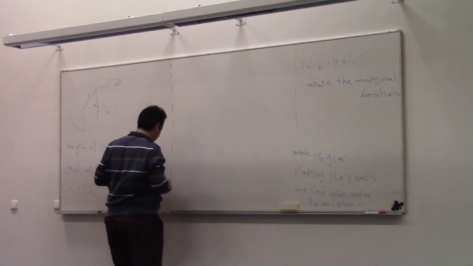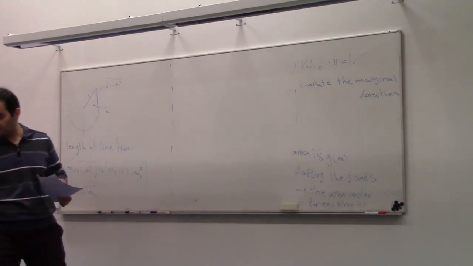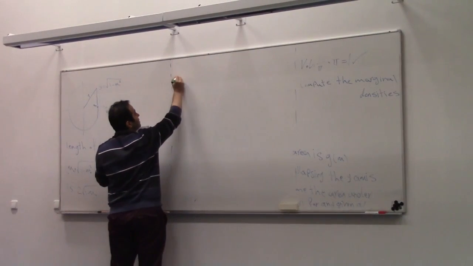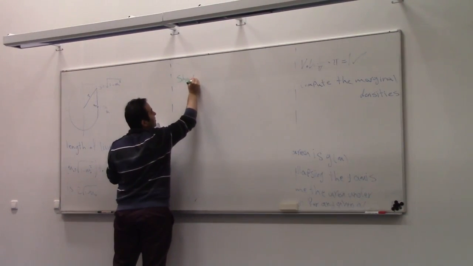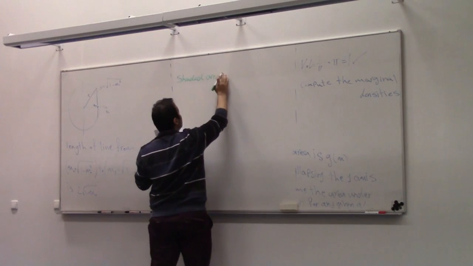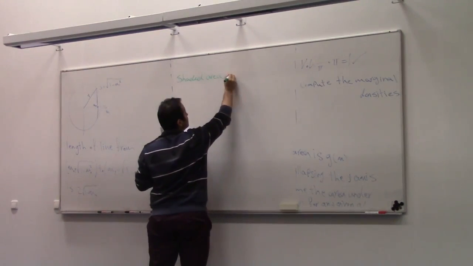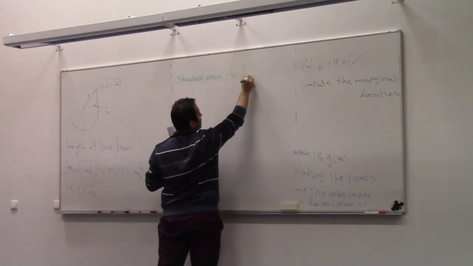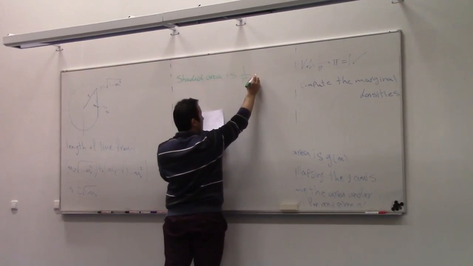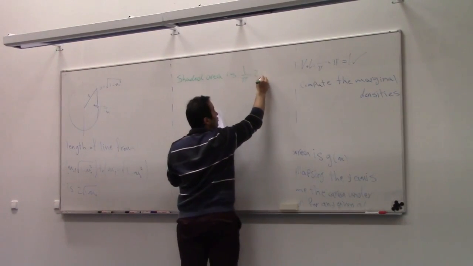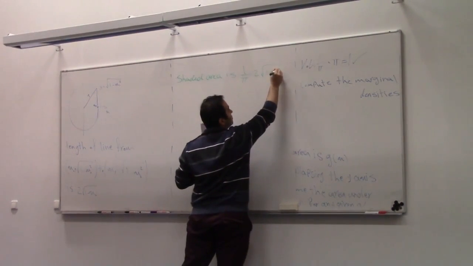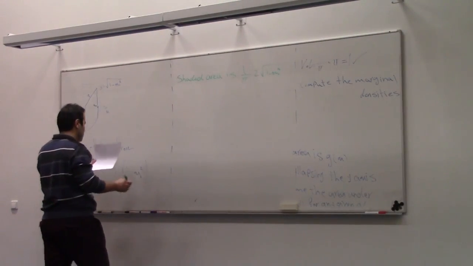Okay. We can say the shaded area is similar to that one. We can write 1 over pi, the height of the line, multiplied by 2 square root of 1 minus x0 squared. Okay.